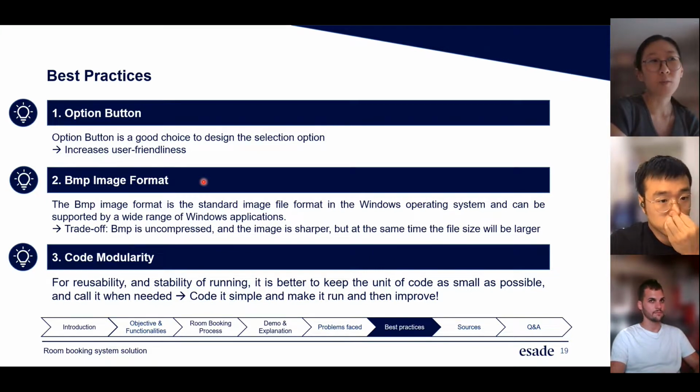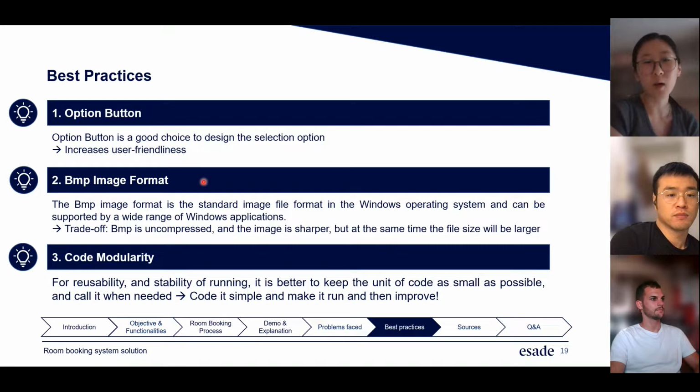So BMP could be a better solution, but the trade-off we have to keep in mind is that since BMP is uncompressed, it takes a larger size and more memory of the application file.